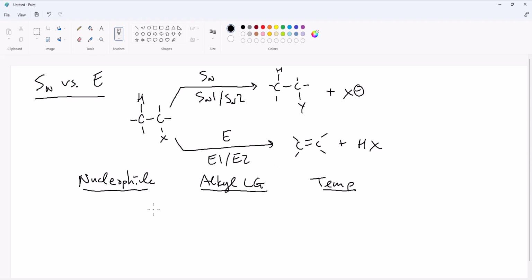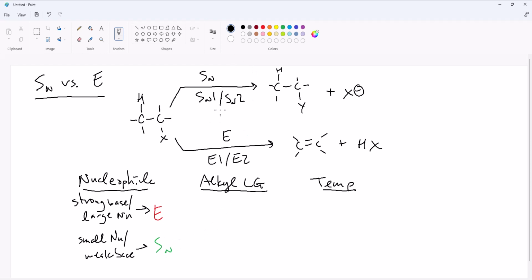So what we see is that if we're examining nucleophile, if we have a strong base or a large nucleophile, we're going to favor elimination. If we have a small nucleophile or a weak base, we're going to instead favor nucleophilic substitution.